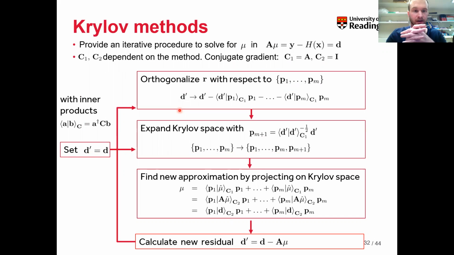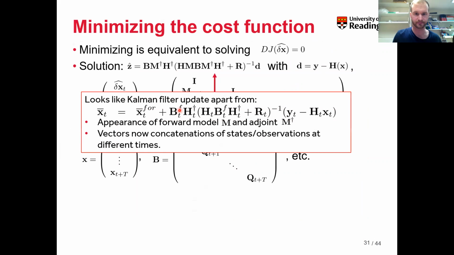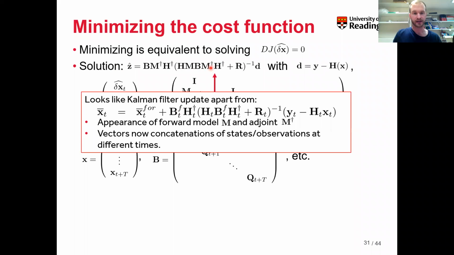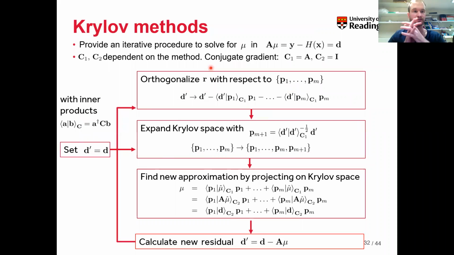In practice, as you can see, this solution contains once again an inversion, or in other words, a linear system of equations has to be solved. And the way that's usually done is using Krylov methods, especially the conjugate gradient method is popular.